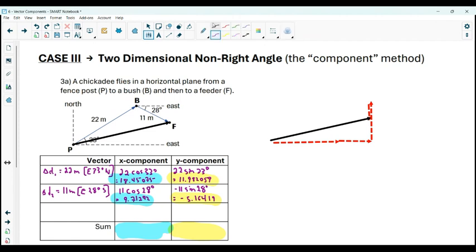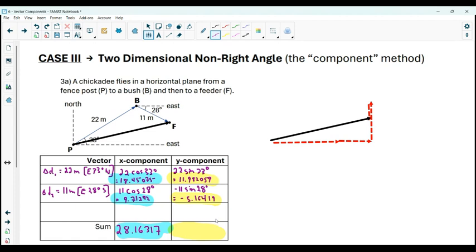Okay, let's add our first ones together. The sum of 18.45075 and 9.71292, we're going to end up with 28.16317. And for adding our y's together, we've got positive 11.98 and change, and then negative 5.16 and change.